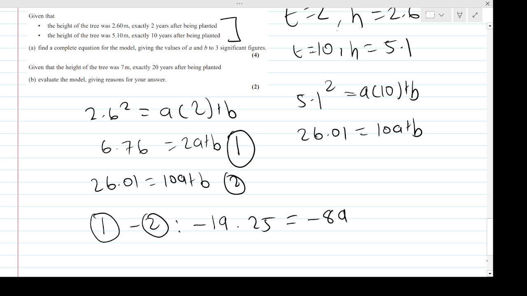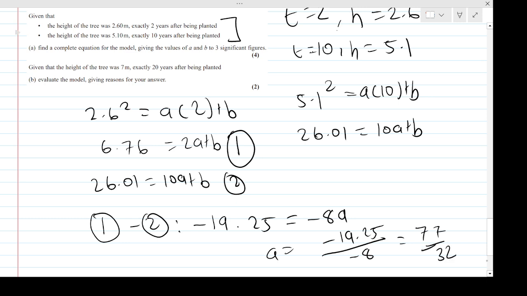But then I've got an equation for a, so I can solve for a by dividing by minus 8. So minus 19.25 over minus 8 goes to 2.40625. Actually, no, I'll give it as a fraction: 77 over 32.